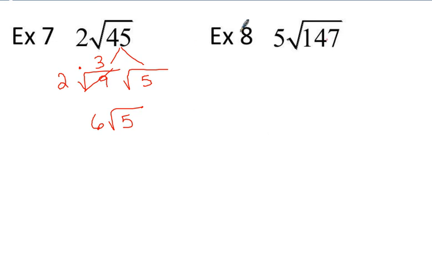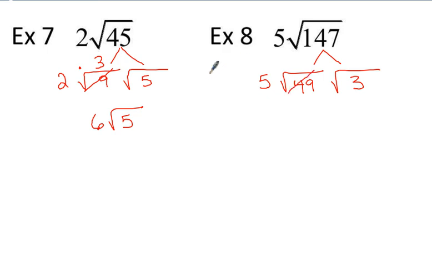Now, our last one, you'll have to look a little bit maybe. Some people will see it right away. I did not. When I broke this down and I started looking, I had to go through and divide all of them and see where it was. I started dividing by 4, by 9. None of them worked. 16, 25, 36, until I got to 49. 49 will divide into 147. 49 goes into 147 3 times, so that's my leftover number.